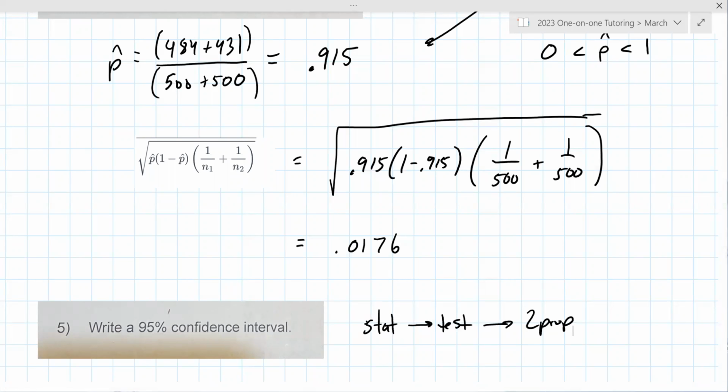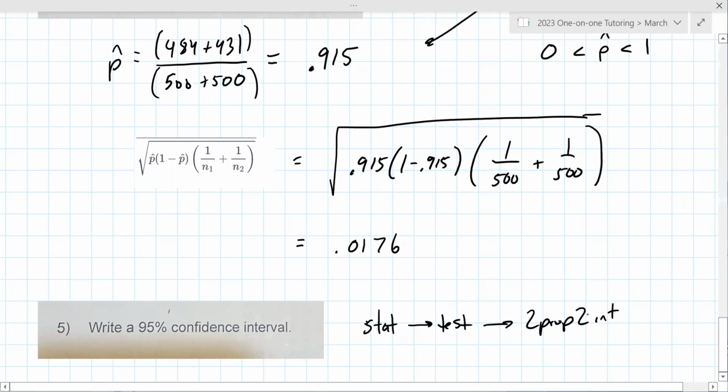Double check the spelling on that. Stat test. It's all the way down to 2 prop z interval. So go ahead and enter that in.